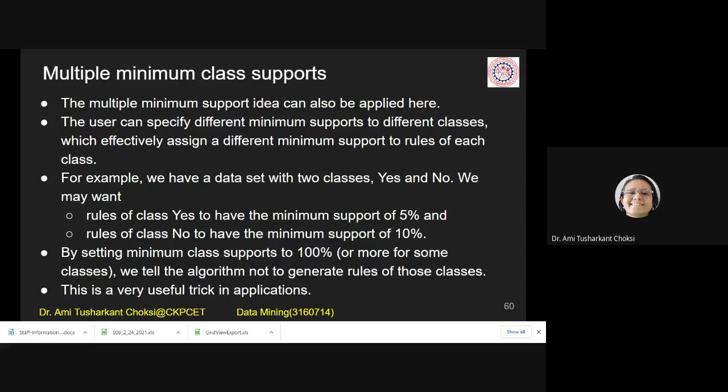Now, if I say that for a diamond necklace, can I set 70 percent as the support? No, it is not possible, because what we are doing is taking the support count of that particular item divided by the total number of transactions.